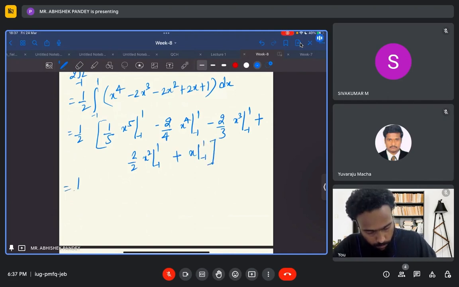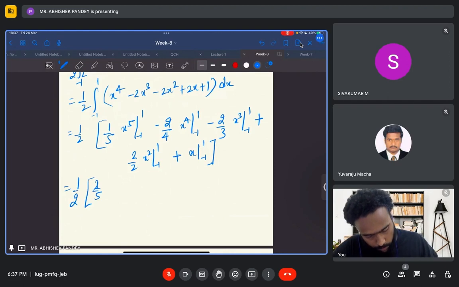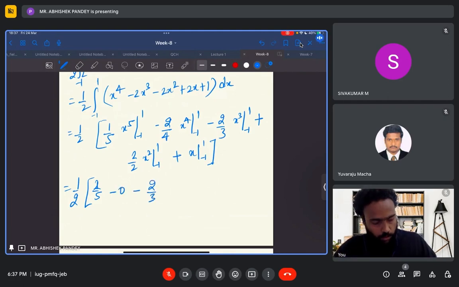So 1 by 5, this you will get 1 minus minus 1, so this will be 2 by 5, minus, so this you will get 0, minus 2 by 3 into 2, this is 4 by 3.